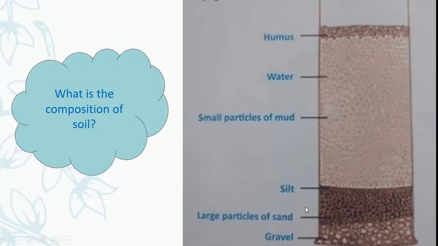Then sand, then salt, then mud. Mud has another name, clay. You will learn that later, inshallah. Then water, then humus. So, what are soil components? Gravel, sand, salt, mud or clay, water, and humus.